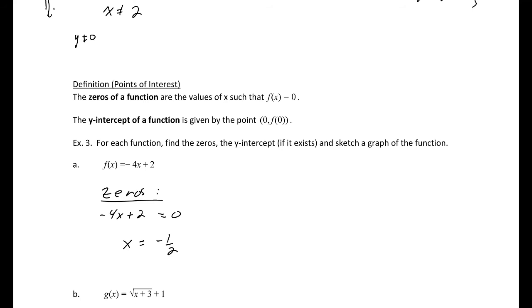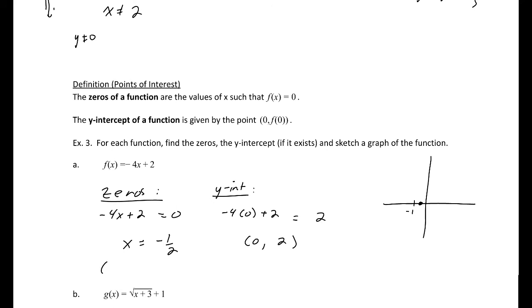So we have an x-intercept, a zero, at -1/2, which we're going to sketch. There's our x-intercept. Now, to find our y-intercept, we'll evaluate this at 0. So -4 times 0 plus 2 will be a value of 2, so we have the point 0, 2.